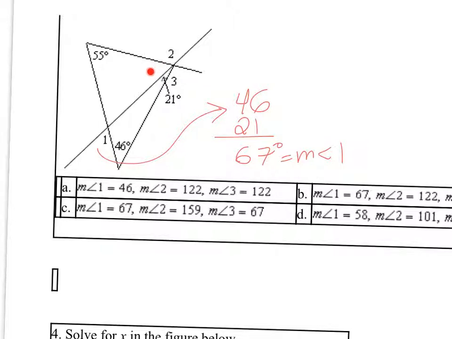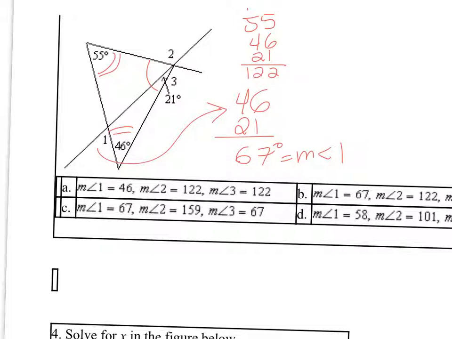So to find this little piece, the sum of these three should be 180, no? Yeah. Okay, so if I look at this whole angle, 1, 2, 3, those three should add up to 180. So if I add 55, 46, plus 21, that would be 122.